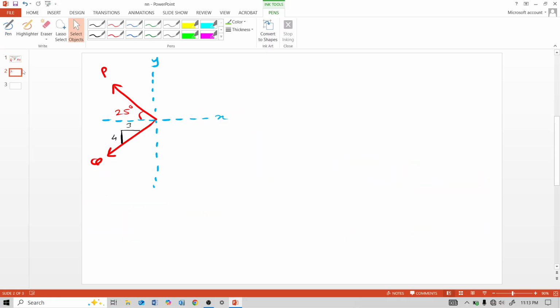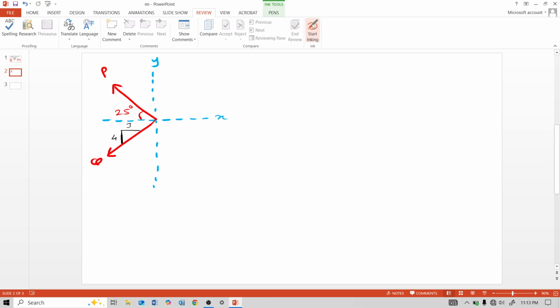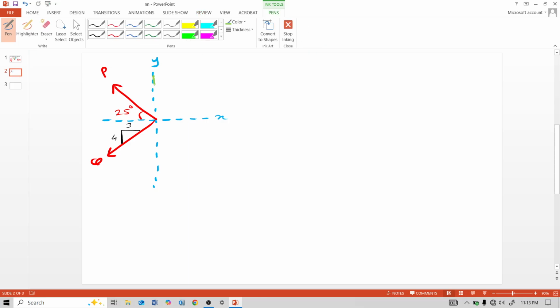Here we are going to resolve the P force as perpendicular components like that, and here it will be P sin 25-degree, and here it will be P cos 25-degree. Why cos? Because this is the horizontal component, and it is near the angle of 25-degree, and this P is 500.